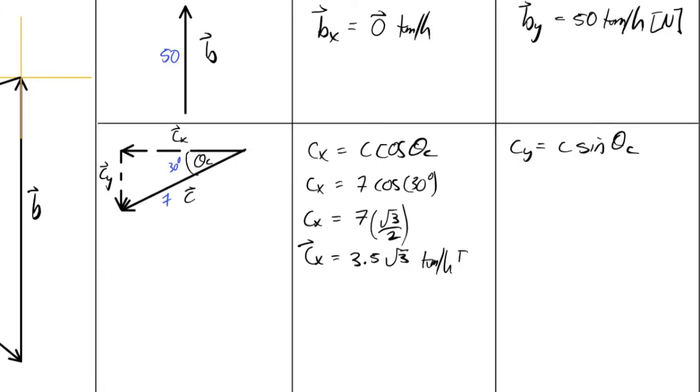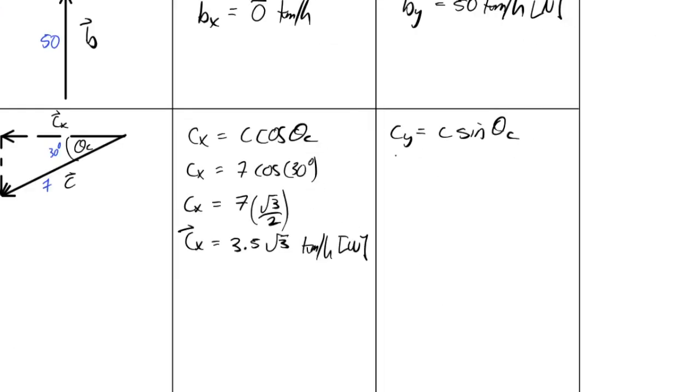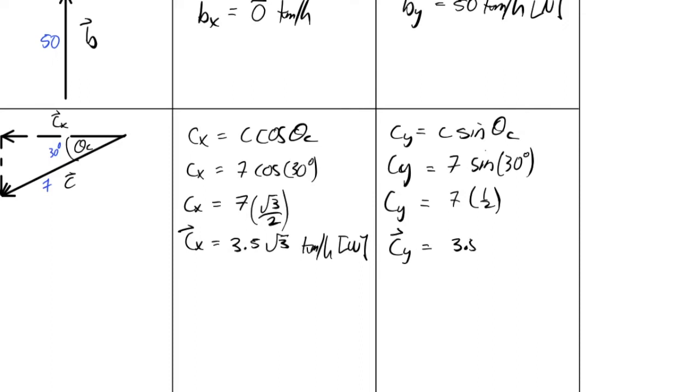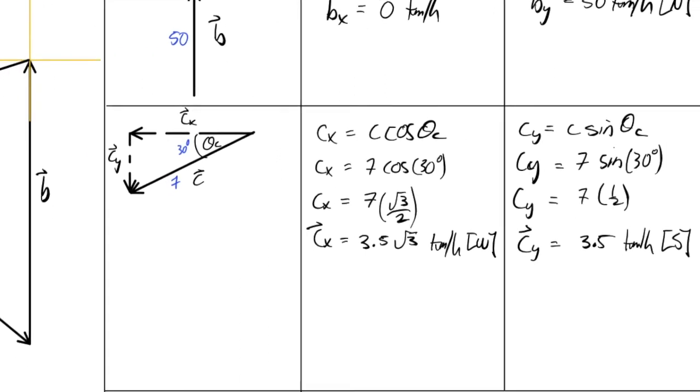And I suppose I should still put the units in there. Now CY, that's going to be 7 sine of 30 degrees. Remembering your special angles, sine of 30 degrees is 1/2. So therefore, our CY in this case is going to be 3.5 kilometers per hour south. Let's just double check. Yep, looks like we're good.